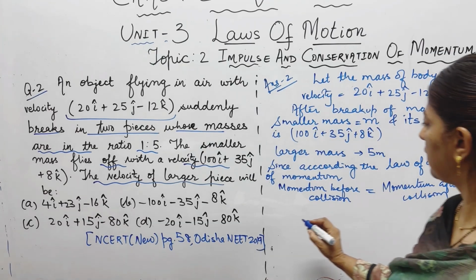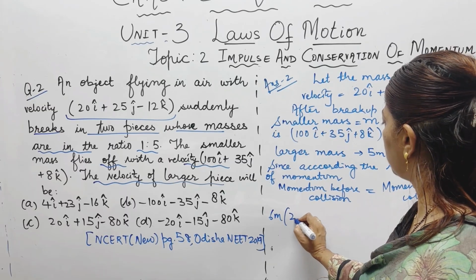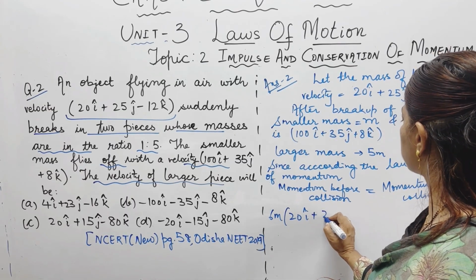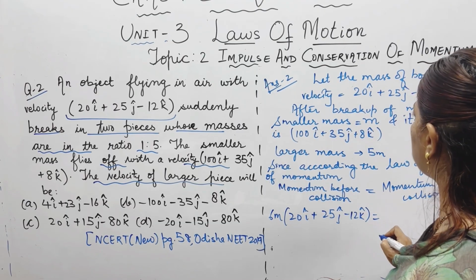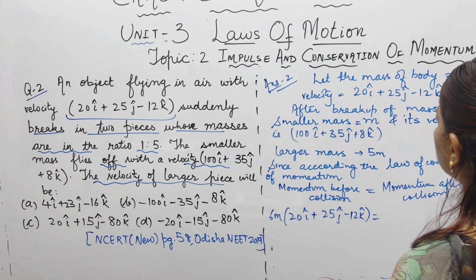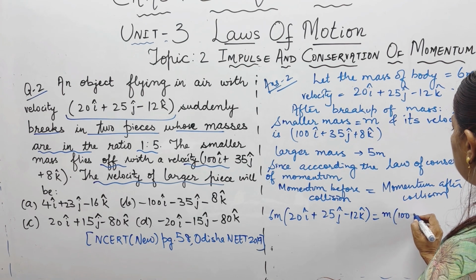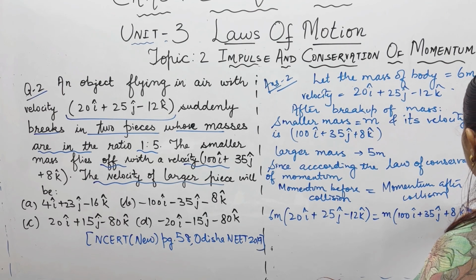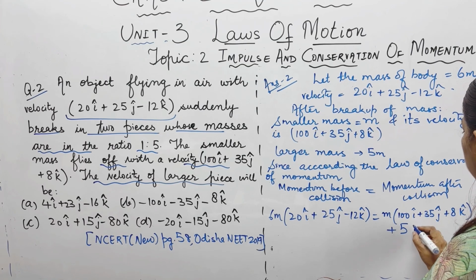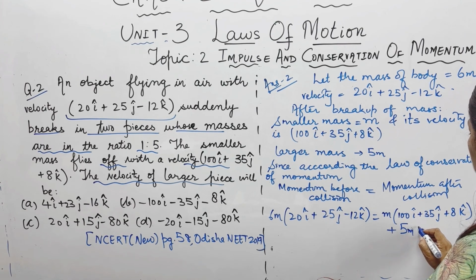So we have 6m into 20I cap plus 25j cap minus 12k cap is equal to m into 100I cap plus 35j cap plus 8k cap plus 5m into its velocity, say v.